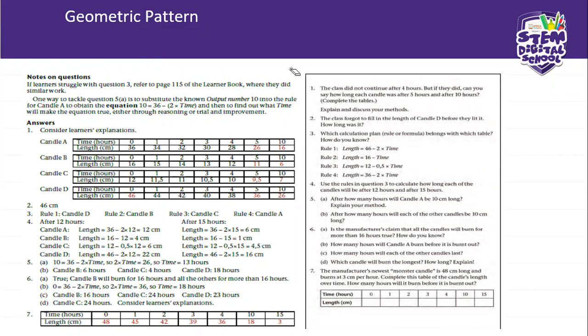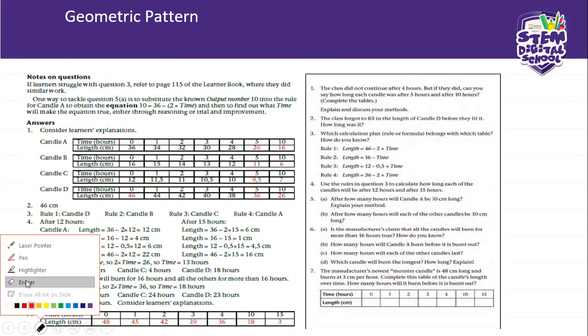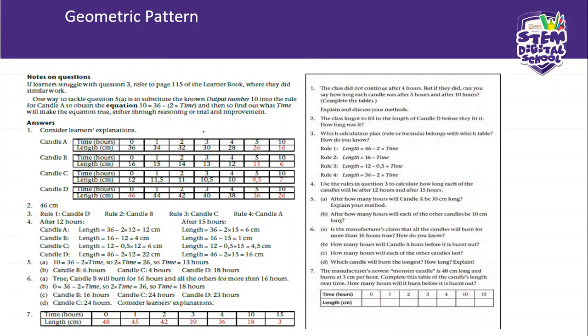But I wanted to show you how the concept of the rule works. For example, I take the 3rd hour, right? And the rule says 36. In taking 36, you are going to subtract whatever the hour is multiplied by 2.